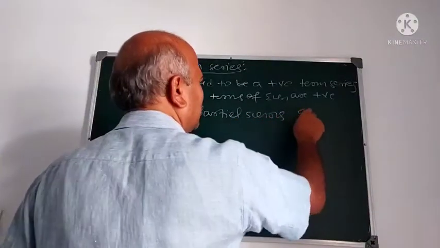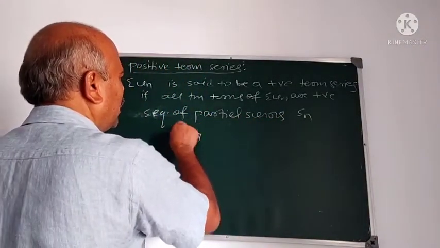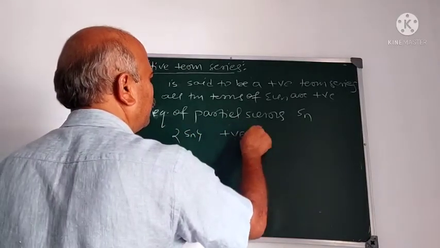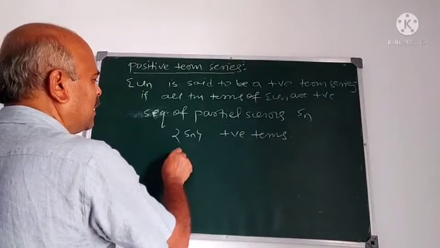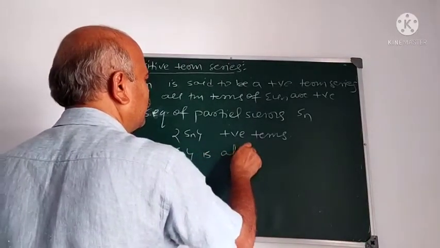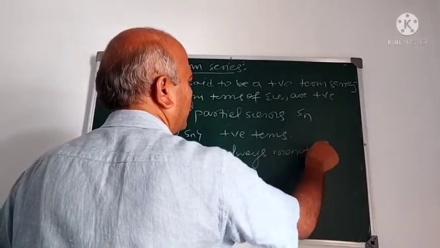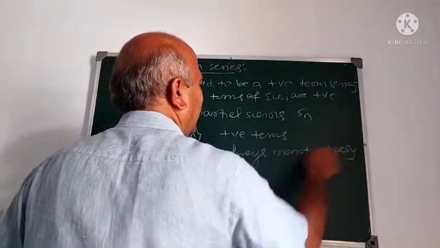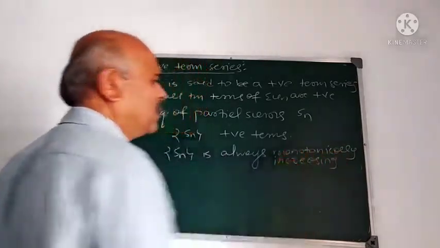The sequence of partial sums Sn consists of only positive terms. Therefore, Sn, the sequence of partial sums, is always monotonically increasing. Understand?